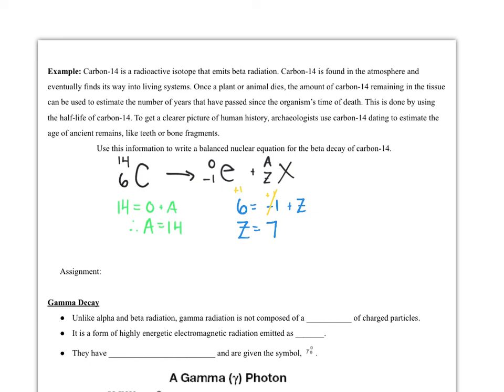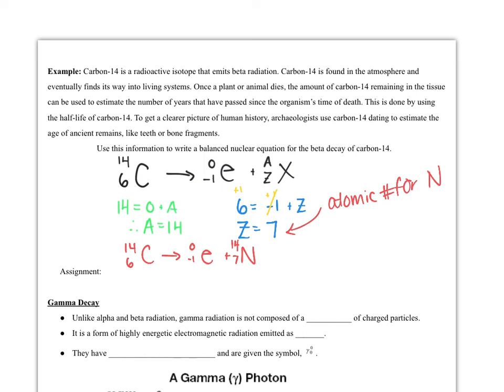So when I get 7, I need to look at what element has the atomic number 7. This is the atomic number for nitrogen. Therefore, when I write my final equation, I can say carbon-14 undergoes beta decay to create a beta particle and nitrogen-14.